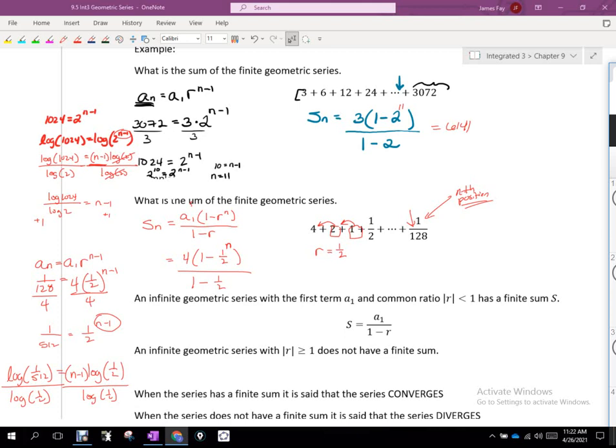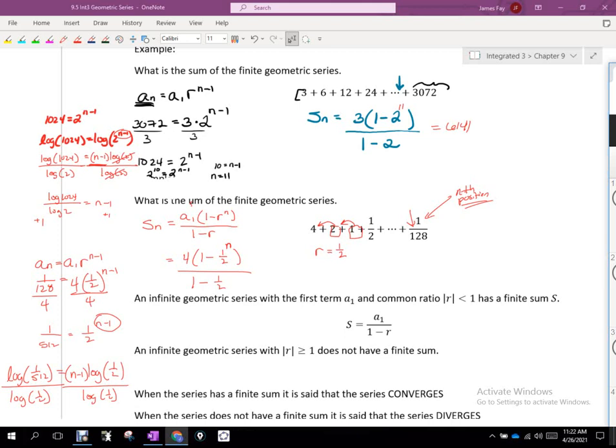So it's infinite in length. But what's interesting is that even though we don't know what the entire series looks like, because it goes on forever, we can still add them up.